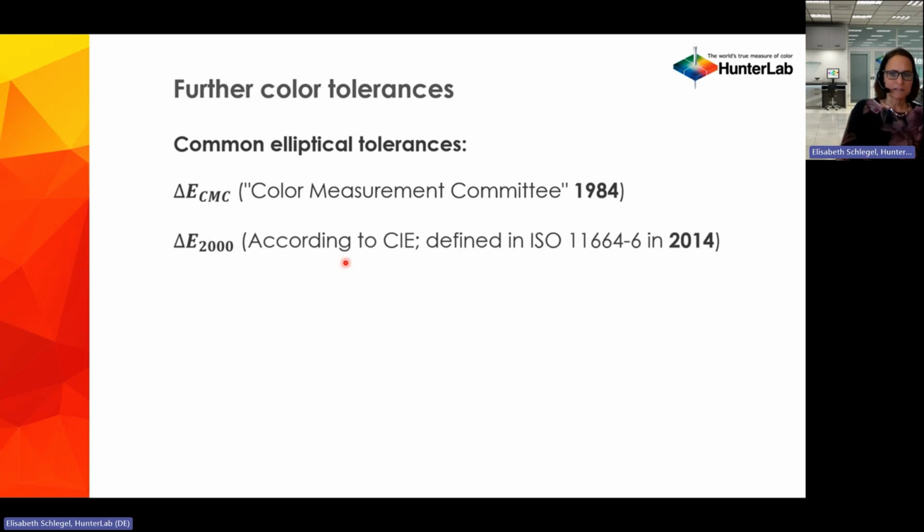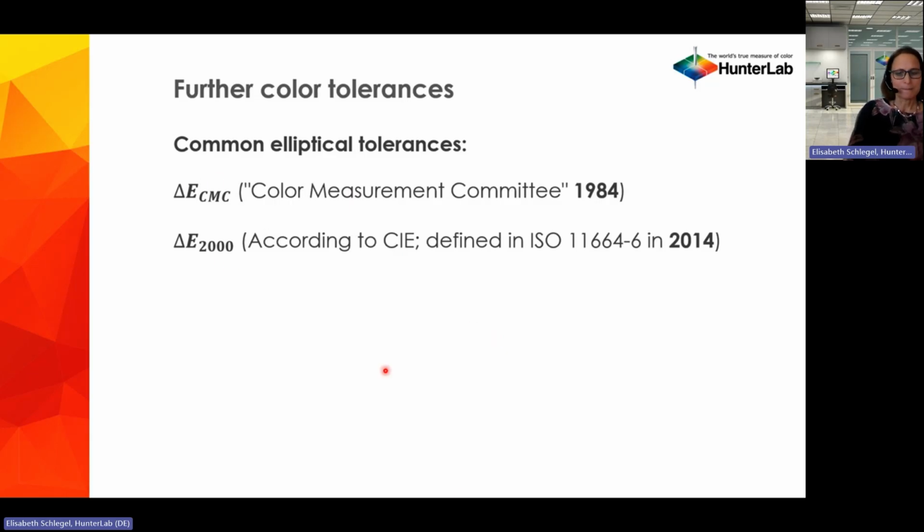This is according to the CIE again, and it's defined in the ISO standard in 2014. Actually we are using mostly the delta E 2000, but both are good. And I really would recommend using one of these and not the normal delta E star, because that one is not very near to human perception.